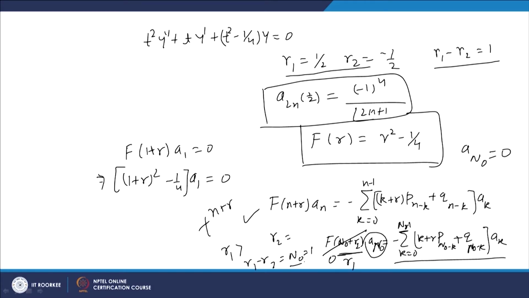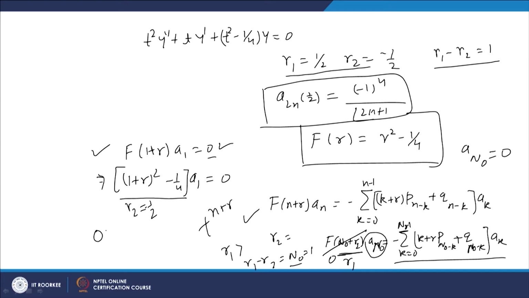So, here we look at the corresponding equation for this. The corresponding equation is f(1 plus r) a1 equal to 0. Here it is quite easy to see that the right hand side is already 0, and if you look at f(1 plus r), that is ((1 plus r) squared minus 1/4) a1 equal to 0. Now, if you put r2 as minus 1/2, then it is automatically 0.